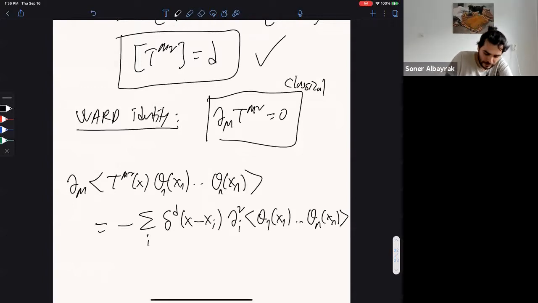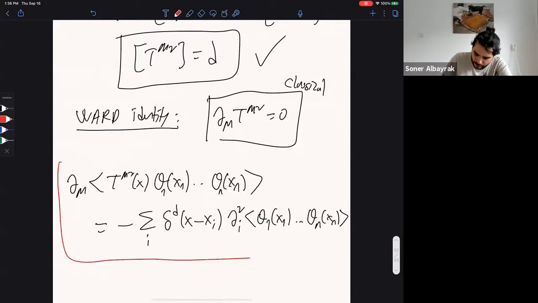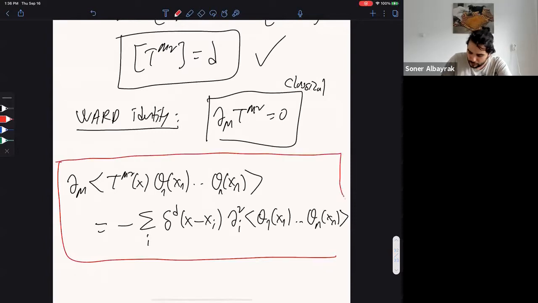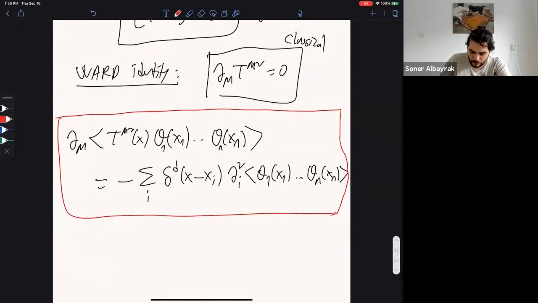Okay, so this is the Ward identity, which is true at the level of quantum fluctuations, as in QFT.